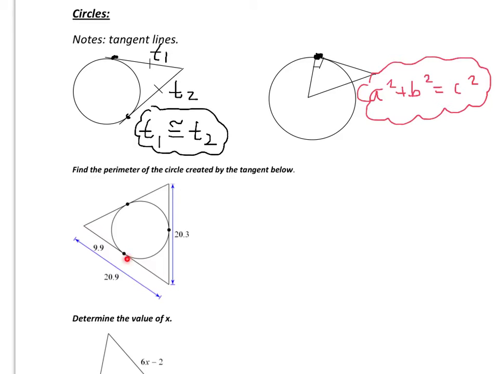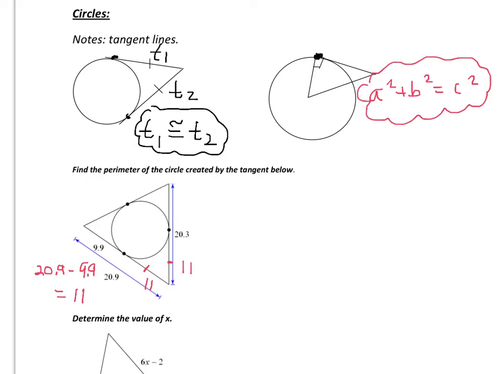To find this one, we just subtract 9.9 from 20.9. So 20.9 minus 9.9 leaves us with 11. That means this side here is 11, but if this side is 11, then this one is also 11, because the tangents are equal.